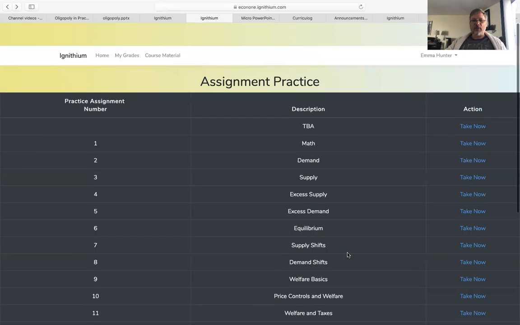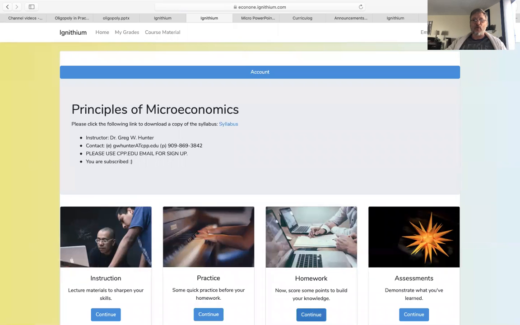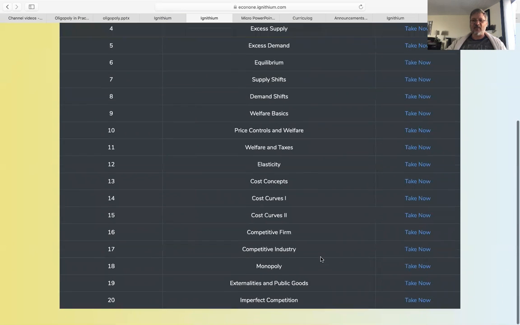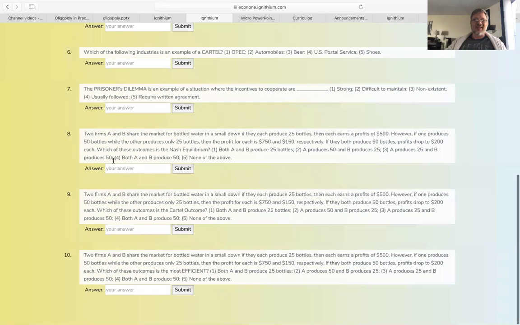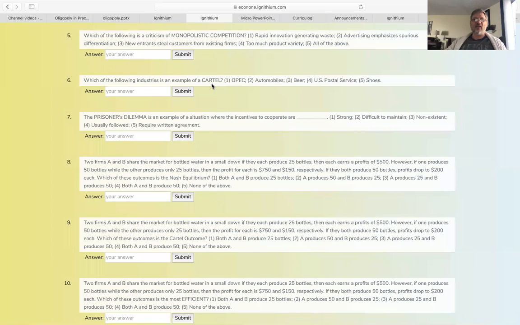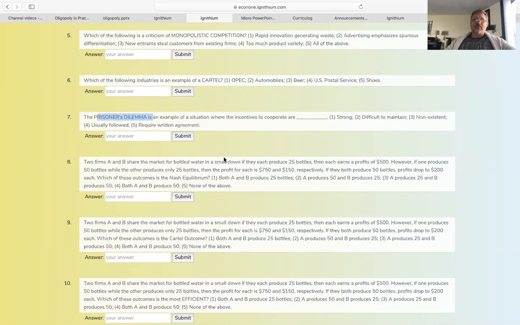But if you go under the homework, and everybody can see the homework assignments right now, right? Yeah, okay. So if you go under this, you notice again there are extra questions, but these other questions have to do with a different topic, which is game theory.